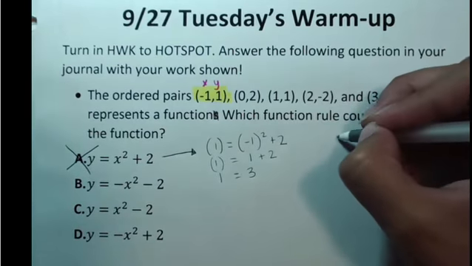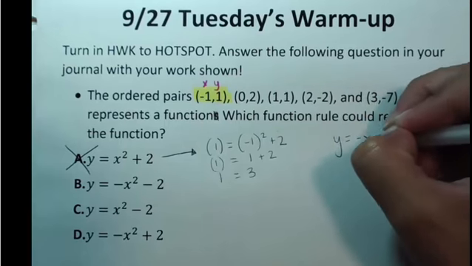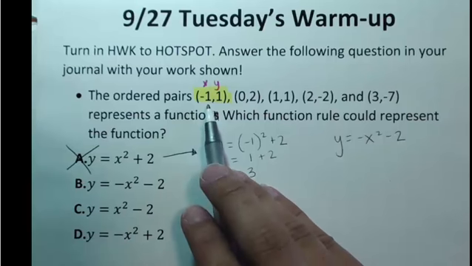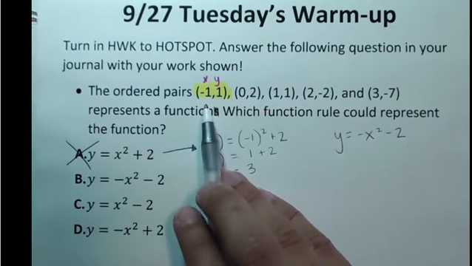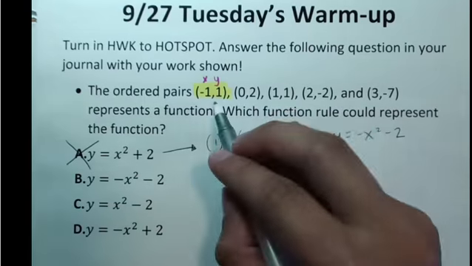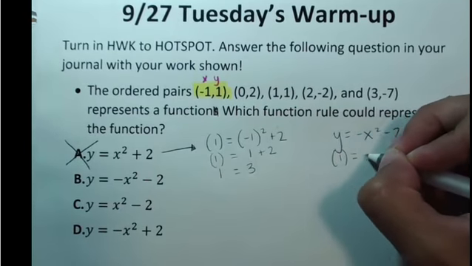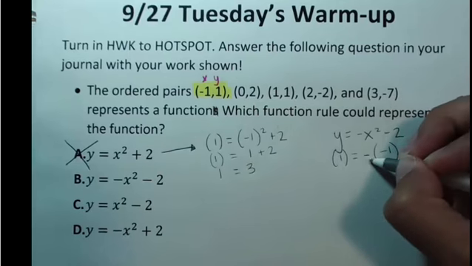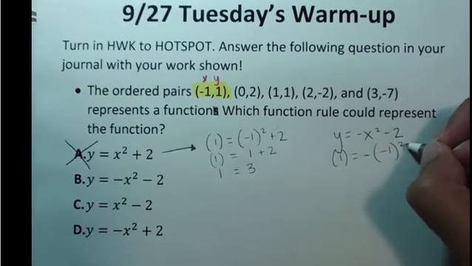So the second one, the equation is y is equal to -x squared minus 2. Again, I'm just going to use this first point. Why not? And then we'll check other ones if it does work. So, the 1 is the y value. I'm plugging in -1 in place of the x. Remember that negative is in front of it, so I have to keep that in front.